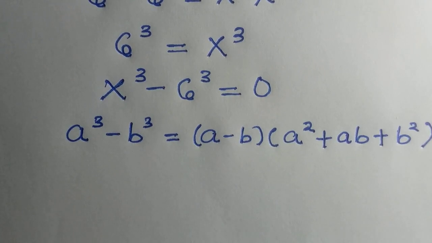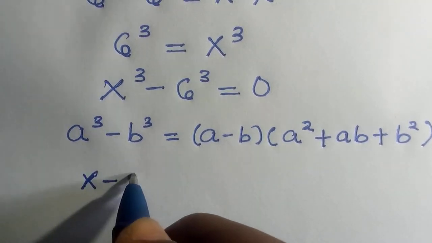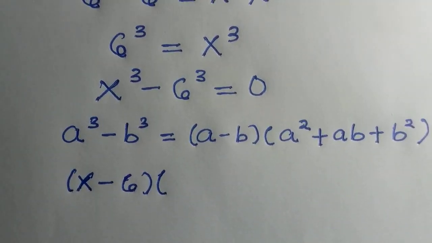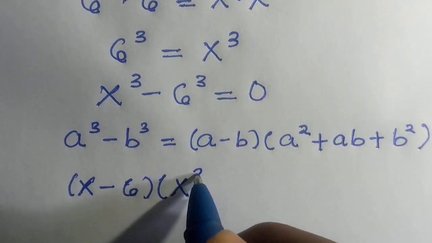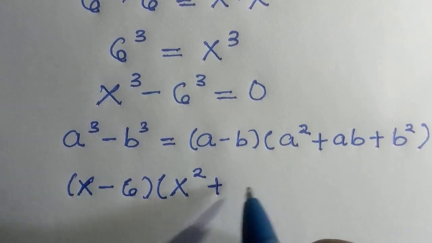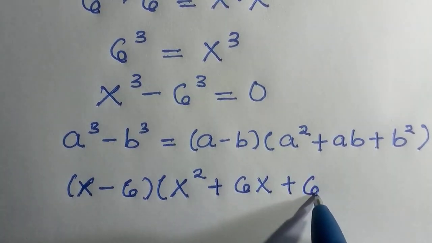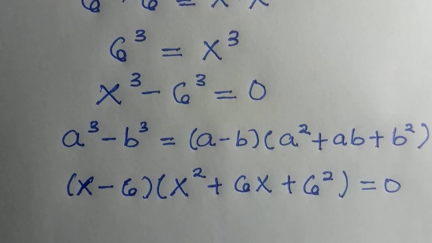So by applying it, we are going to have x minus 6, open bracket, x squared plus 6x plus 6 squared, everything equals 0.